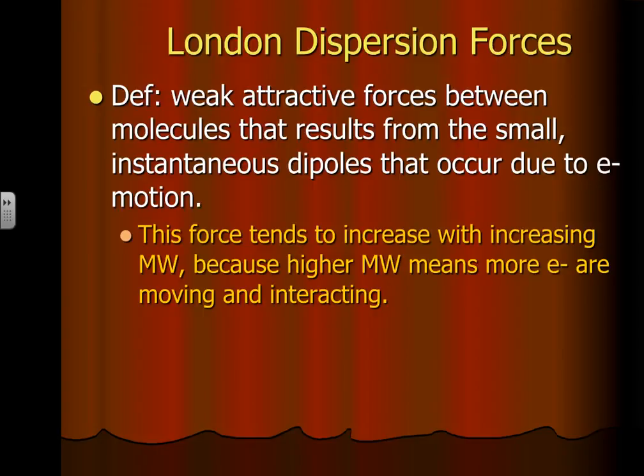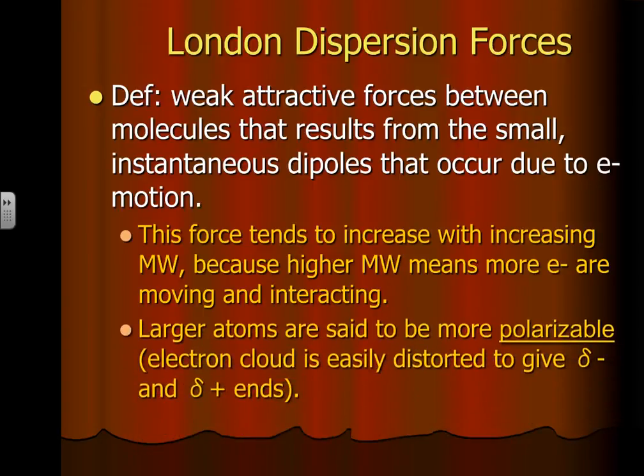You would have to say it has a higher molar mass, which means that there are more electrons moving around, and hence, and this is the really important part, they are more polarizable. That word, polarizable, is probably top 3 words you have to know and be able to utilize in your writing in AP Chemistry.